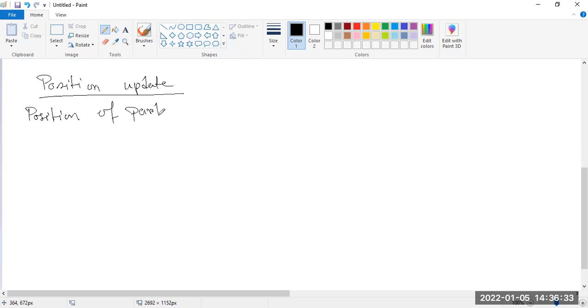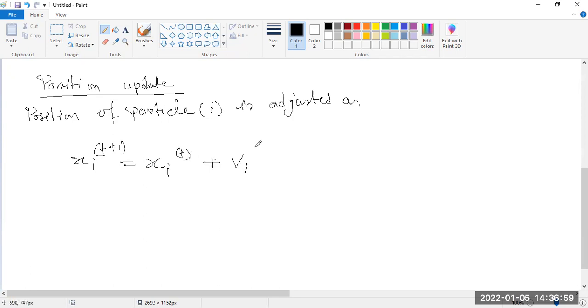Particle i is adjusted as xi(t+1) equal to xi(t) plus vi(t+1).